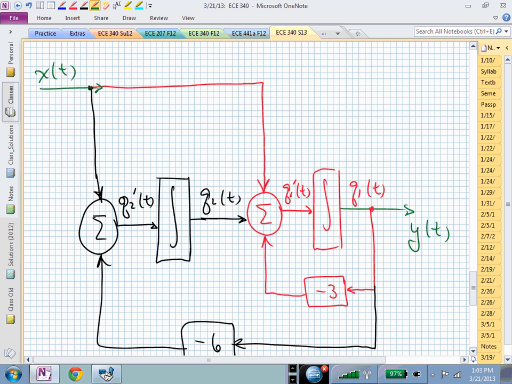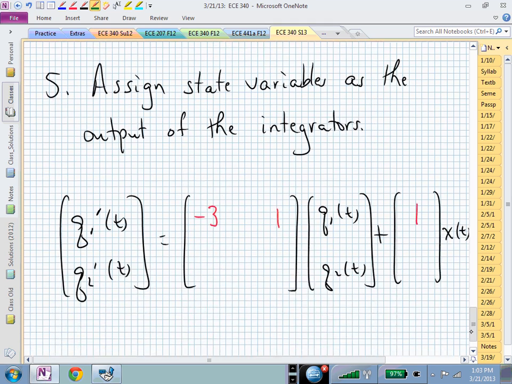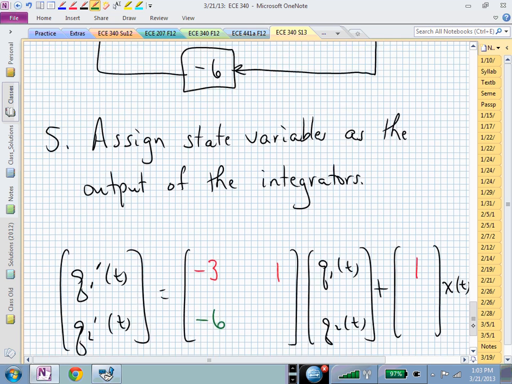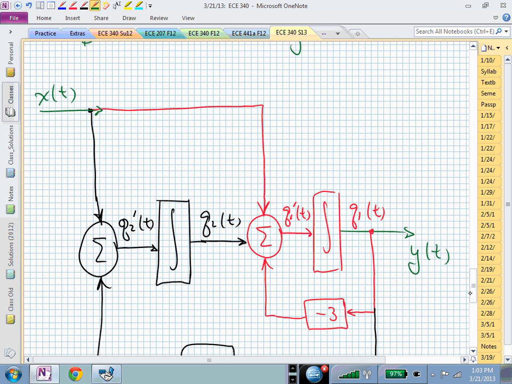But in this case, y is just Q sub 1, and we can say that minus 6 is right there. Then we go around clockwise, and we end up picking up an x.